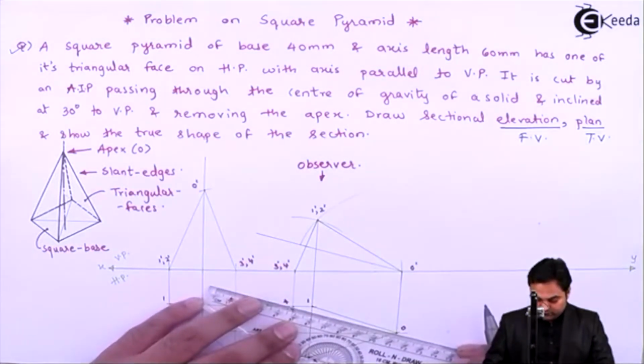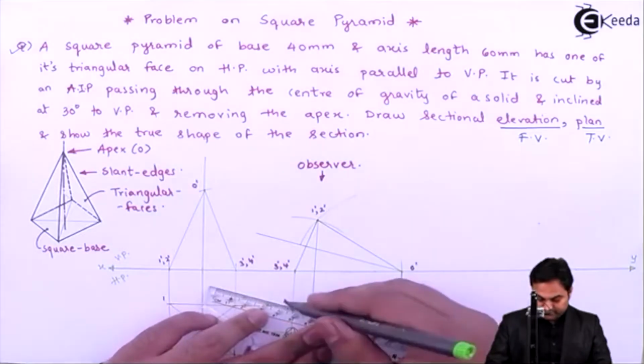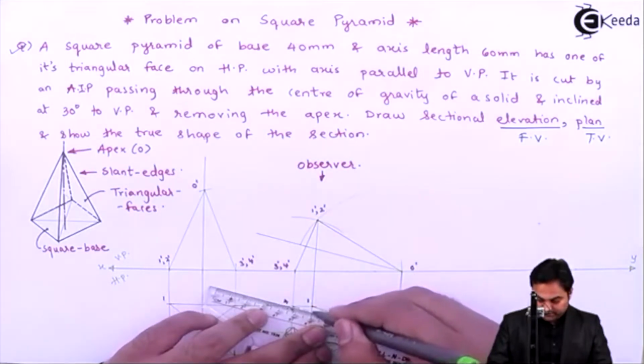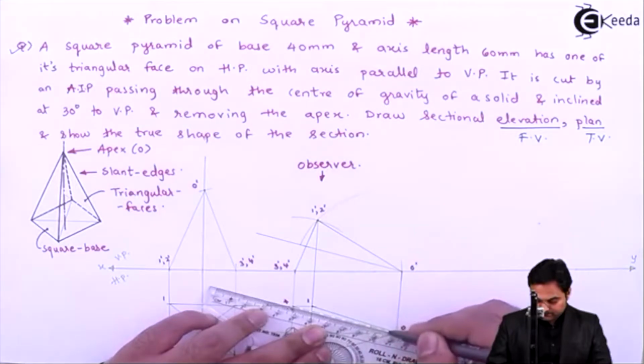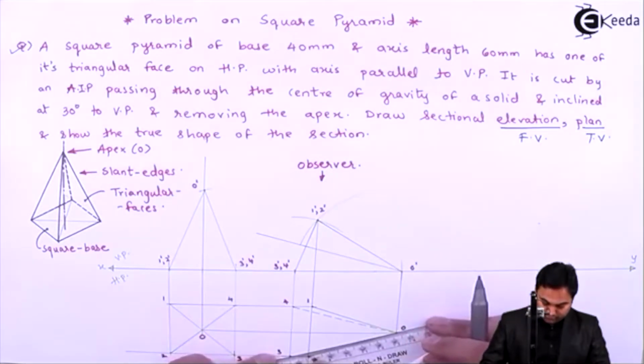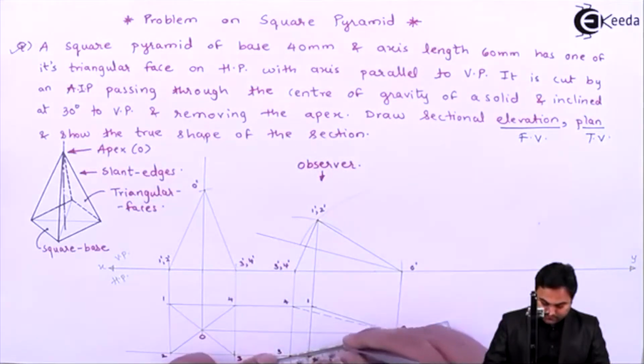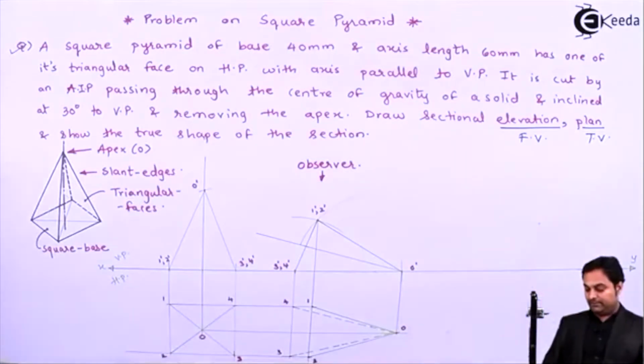So here O to 4 will be connected with the help of a dotted line. Similarly, O to 3 will be connected with the help of a dotted line.